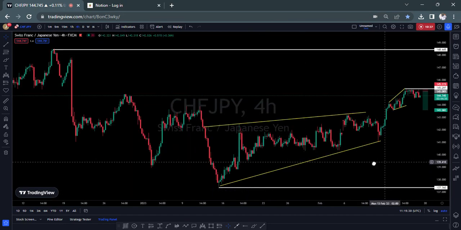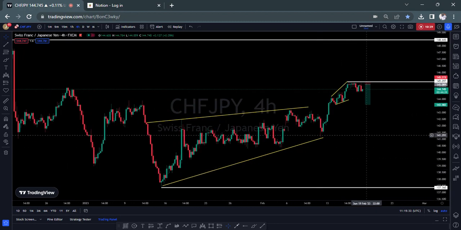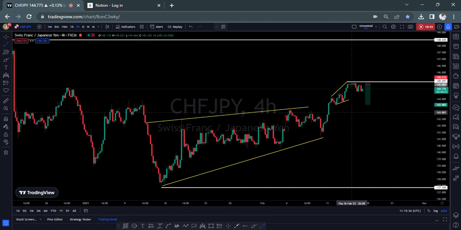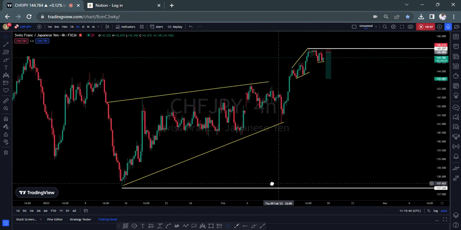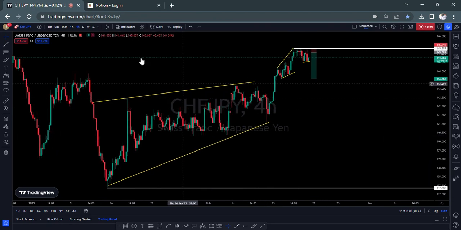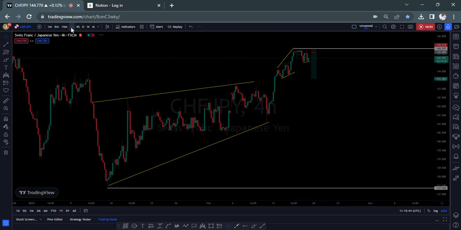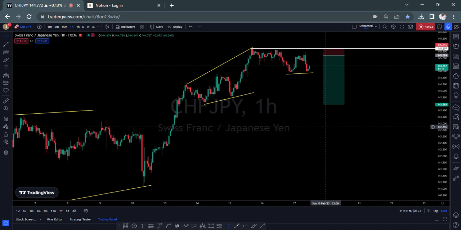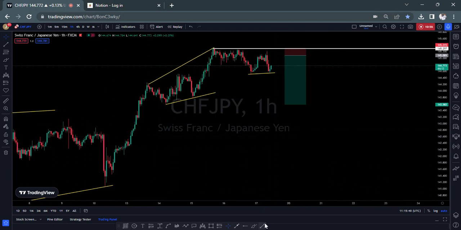This CHF JPY is actually kind of similar to the Euro JPY, but it has a little bit of difference.